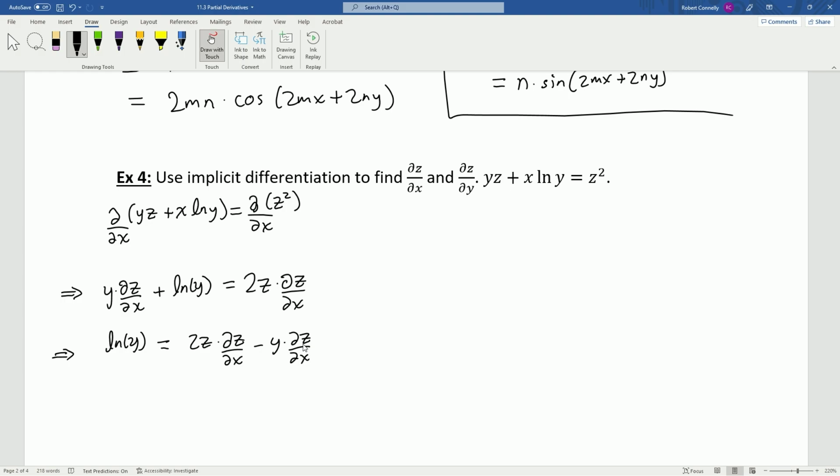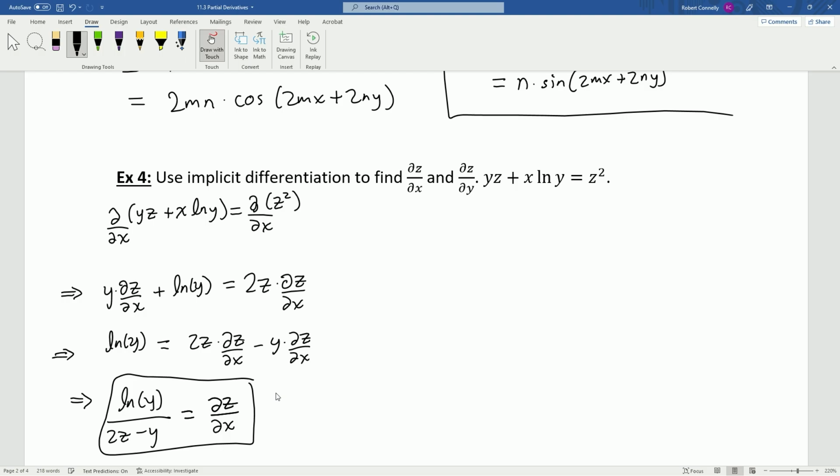And if I factor dz dx, I can divide out the 2z minus y. So I'm skipping a little step here. But this gives us ln of y divided by 2z minus y equals the partial derivative of z with respect to x. So that's one of our partial derivatives.